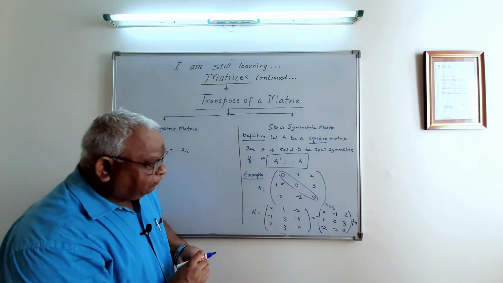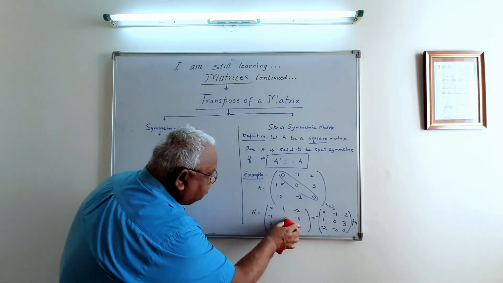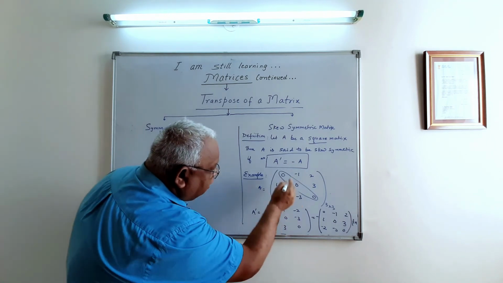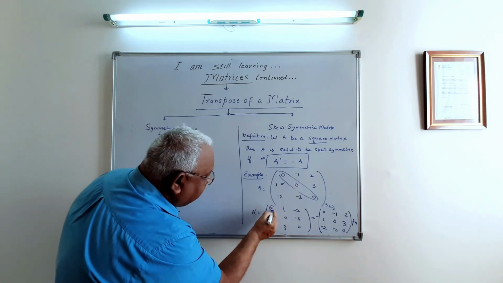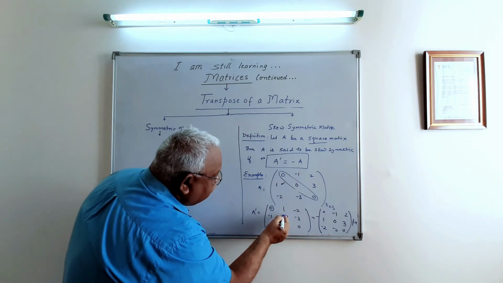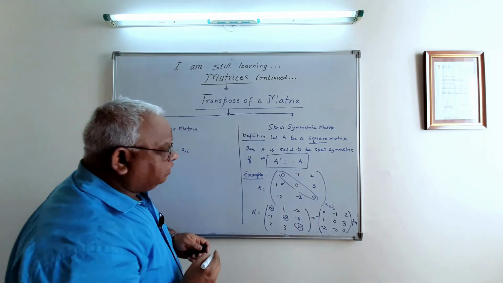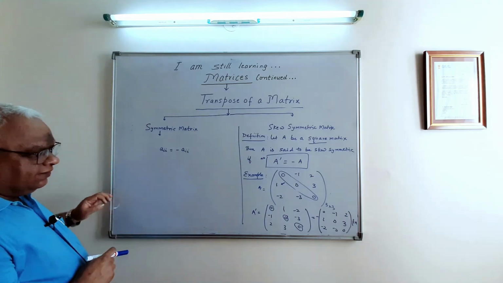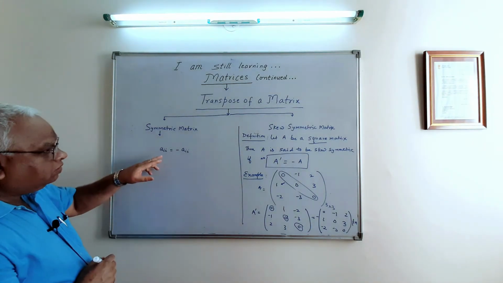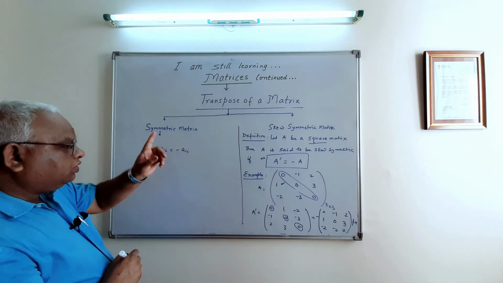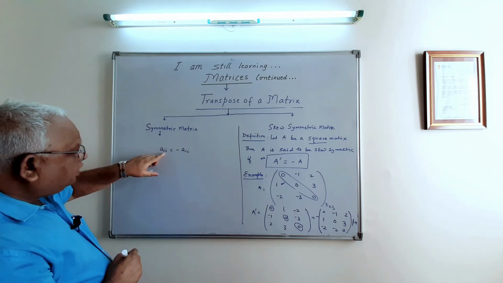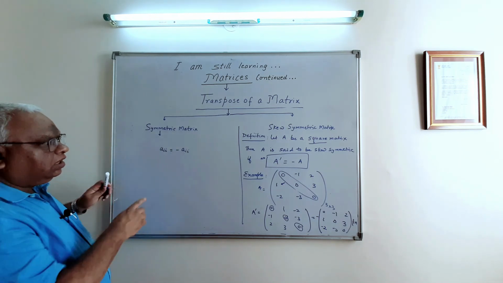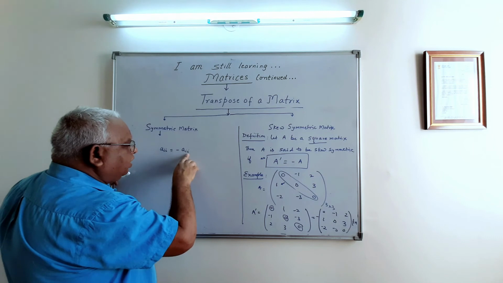You can see, when you take the transpose, 1 will remain 1, 2 will remain 2 and 3 will remain 3. Right? They will not change the place. Rest of the elements will change the place. So according to that definition, when you take transpose, A11 will become A11, A22 will become A22, A33 will become A33, and it will be equal to minus Aii.